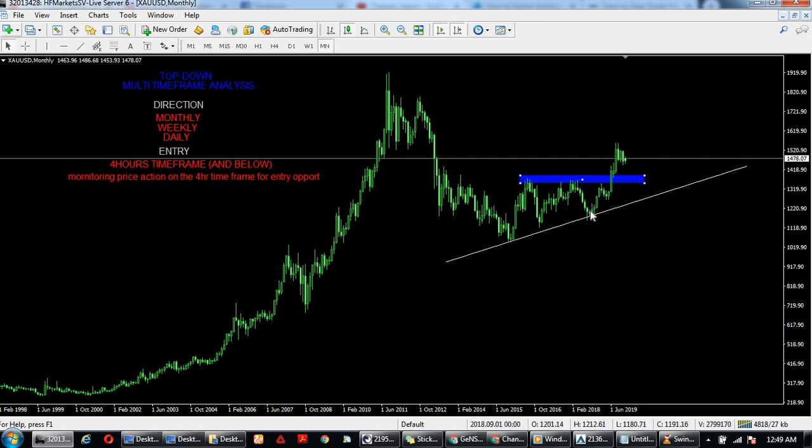Now price came and we are seeing price forming an overextended W, not your regular kind of W, an overextended W, and then price now came back to this resistance that has been respected multiple times, 1, 2, 3, 4 previously.